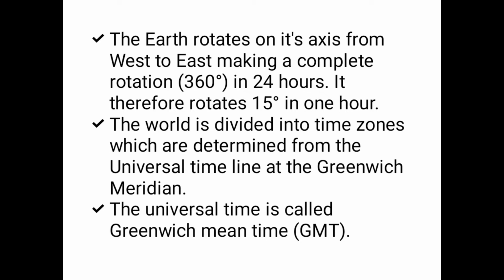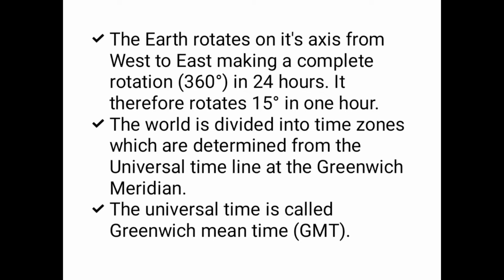The longitude lines are the ones that can help us to identify the differences in time between points or towns on the Earth's surface. So this world where we are living in is divided into time zones, which are easily determined by the longitude lines.